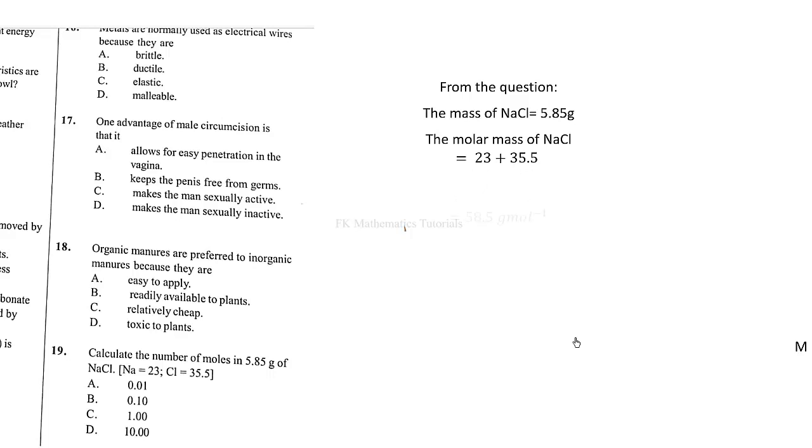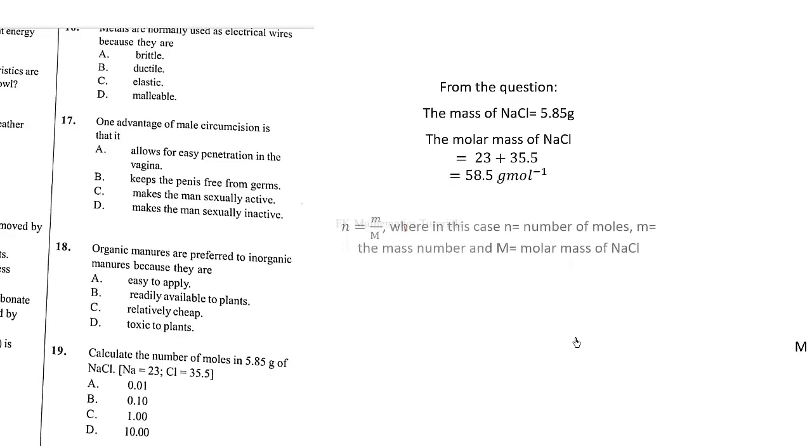So we are showing the solution for question 19. From the question, we have the mass of sodium chloride to be 5.85 grams. Then the molar mass of sodium chloride is given by 23 plus 35.5, and that will give us 58.5.